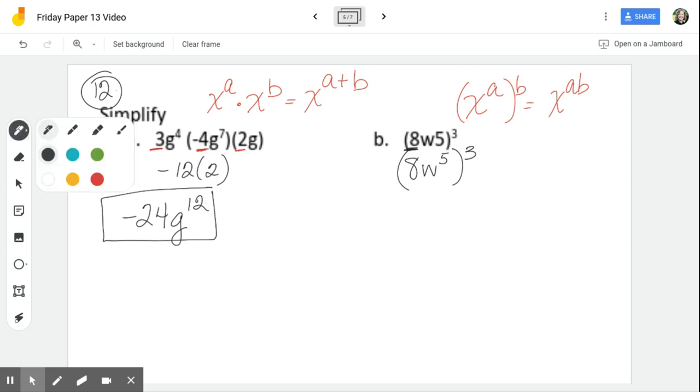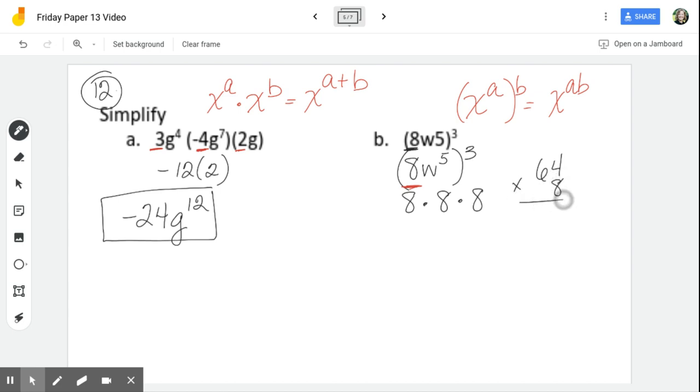So don't be confused by that. So I'm going to take that 8 and I'm going to raise it to the 3rd power. So that means 8 times 8 times 8. Well, I know 8 times 8 is 64. And now I just need to figure out 64 times 8. Let's see, 48, 49, 50, 51, 512. w to the 5 times 3.